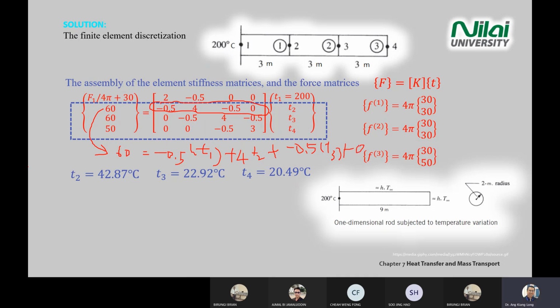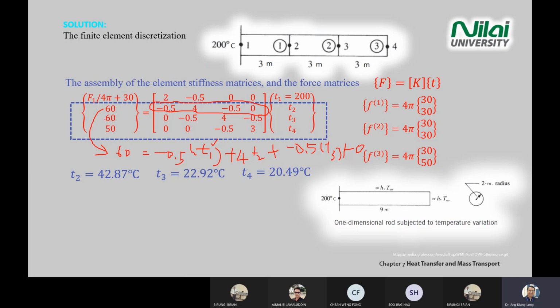You get the first equation. However, T1 you have the value already. T1 is 200, so you substitute in the first equation. So basically, you have 3 equations.